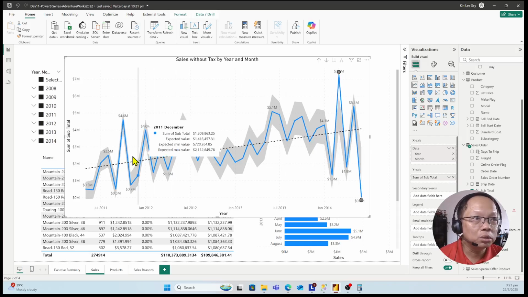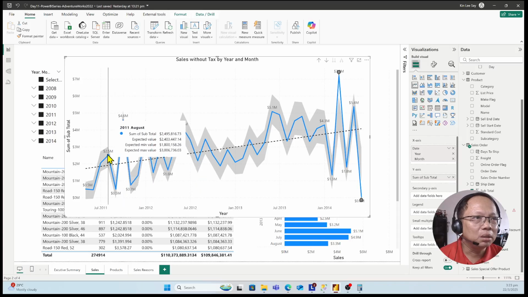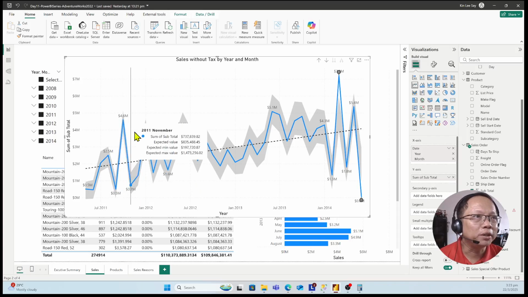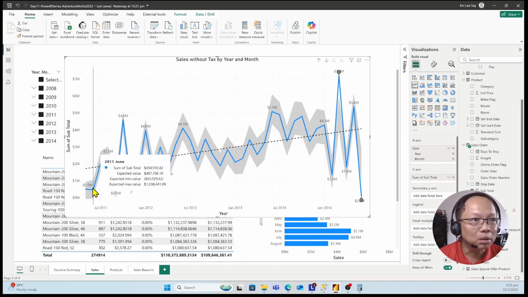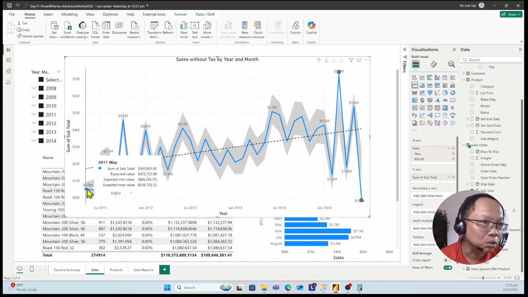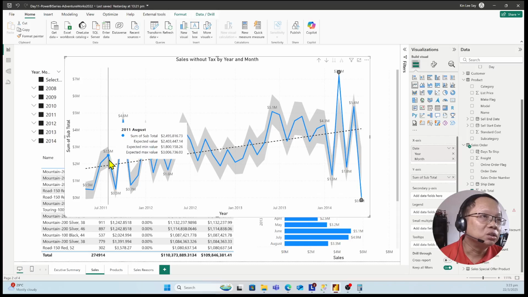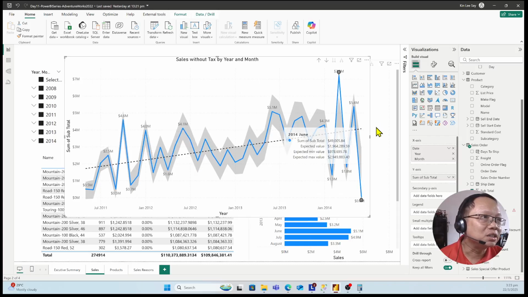But I personally find that the variation can be too wide. For example, this is 0.5 million, this 0.458 million. So this is quite good because the variation is small. But from here there's a big jump to here, so the consistency is a bit wide.